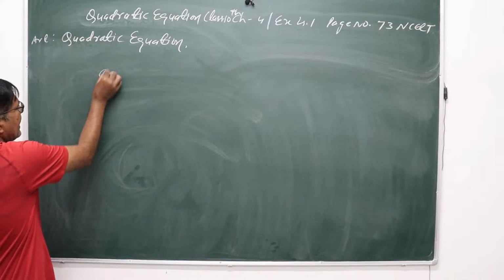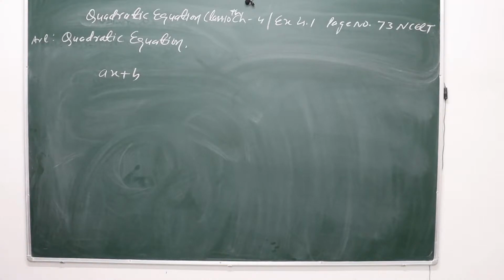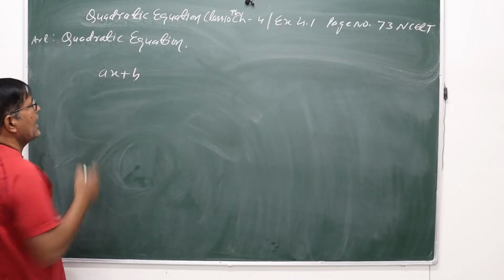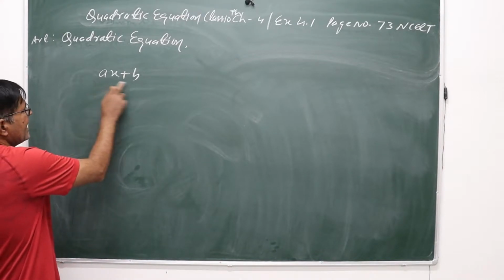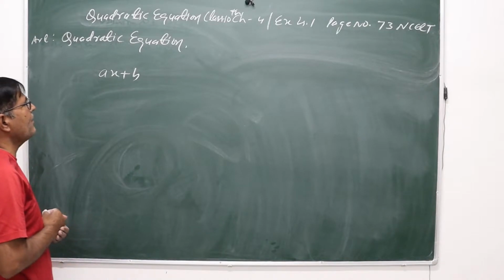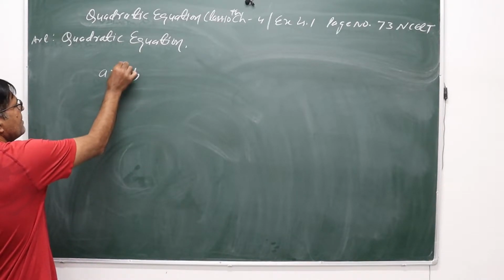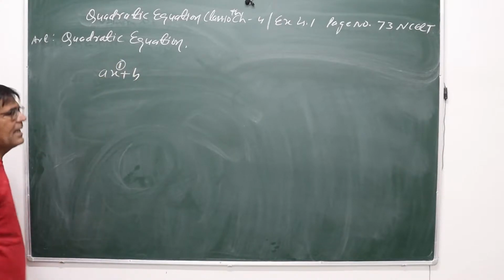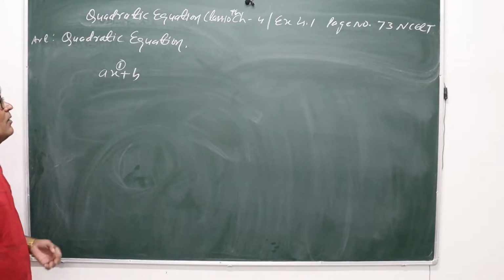Let ax plus b be any given algebraic expression where a and b are constants and x is the variable. Then ax plus b will be a polynomial if the power of x is a positive whole number. So here the power is a positive whole number, therefore this is a polynomial.